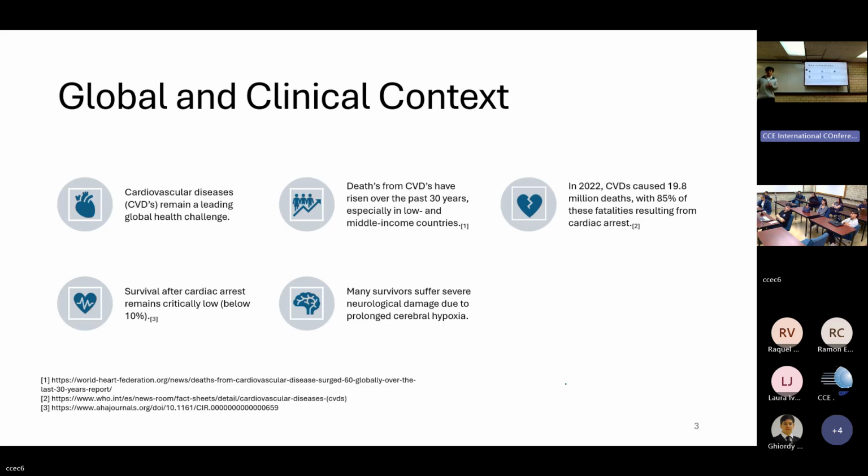Now, despite the advances in resuscitation techniques, the survival rates for cardiac arrest are very, very low. They are below 10%, and many survivors suffer from severe neurological damage due to prolonged cerebral hypoxia, which means that the brain remains a period of time without oxygen.